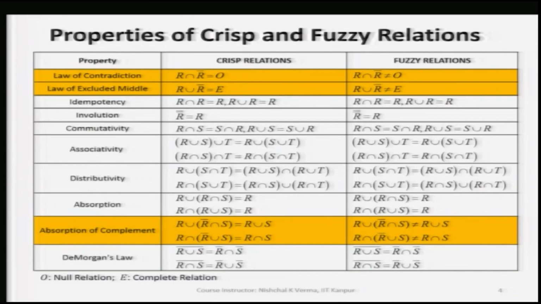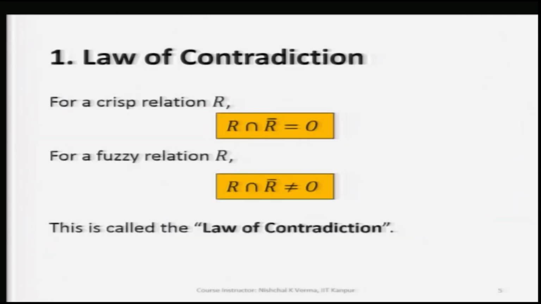So, we have a table here, as we have already seen this table when we discussed crisp sets and fuzzy sets. So, let us discuss all these properties one by one by taking the fuzzy relations and the crisp relations.